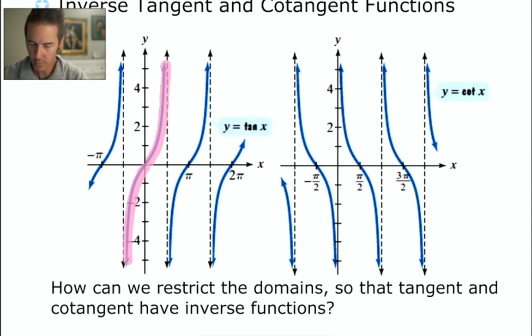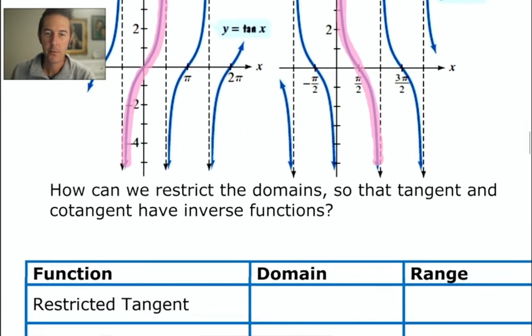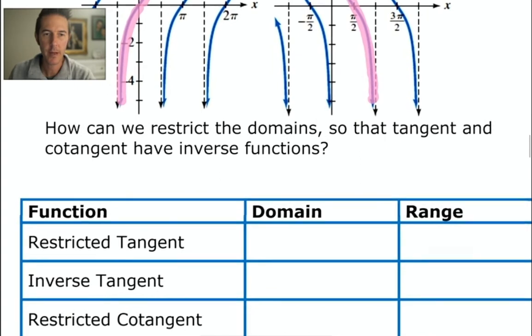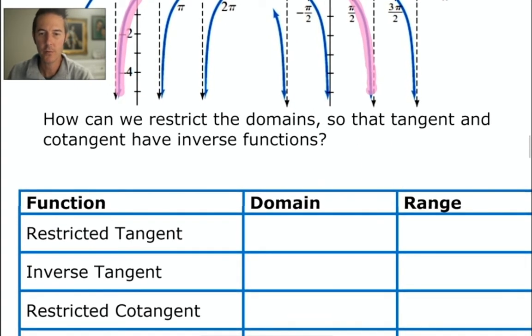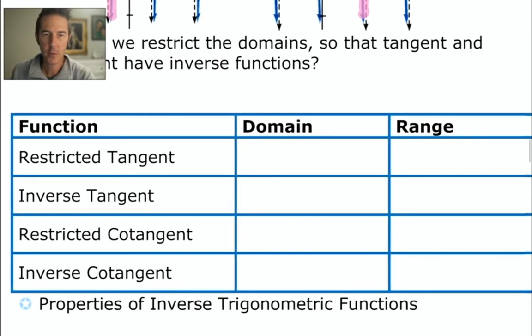And when it comes to cotan, we're going to focus on this part of the cotangent function that goes from 0 to pi. That answers the question of how can we restrict the domains so that the tangent and cotangent functions have inverses that are actually functions. So let's fill in this table with those restricted domains and ranges.